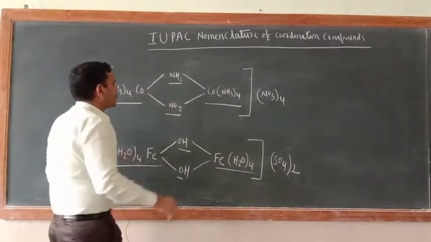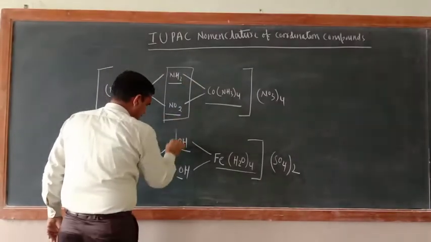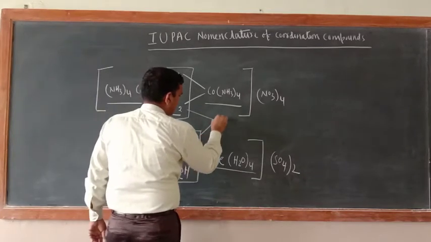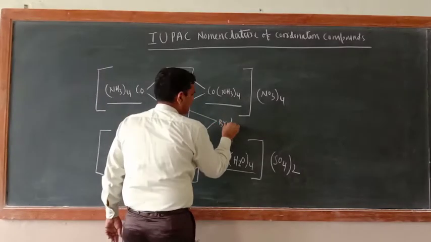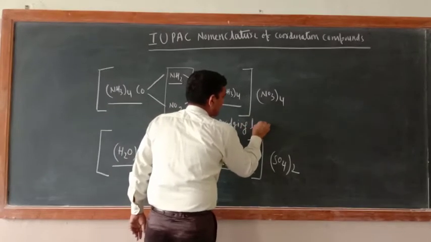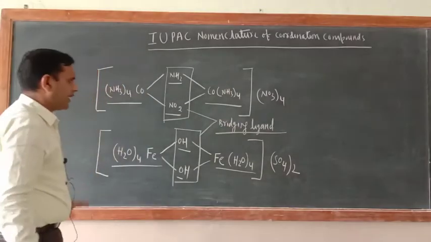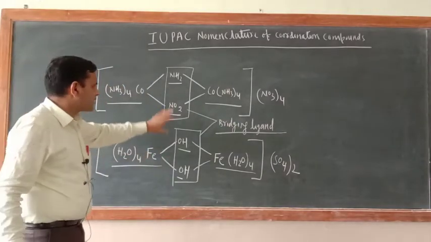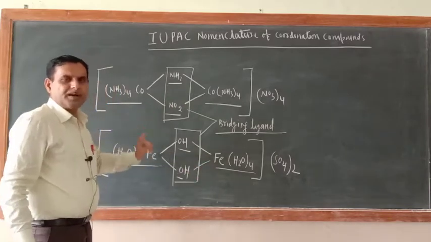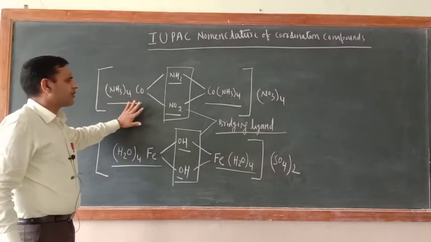That is why they are known as bridging ligand. What is the name of them? This one and this one, and these two are known as bridging ligand, because they bridge between two coordination compounds. Okay, so since they have bridged this one and this one, this one and this one, they become now one chemical compound. Remaining rule is same, there is no problem at all.